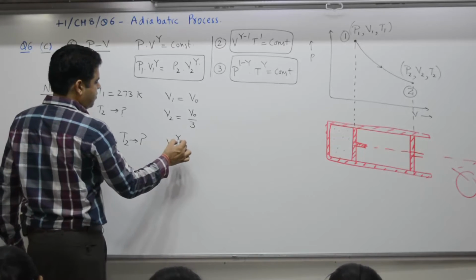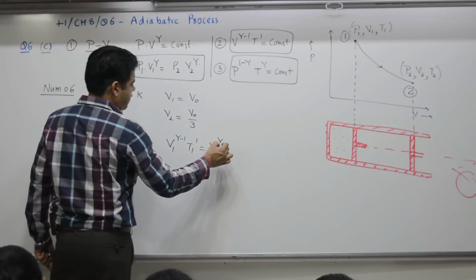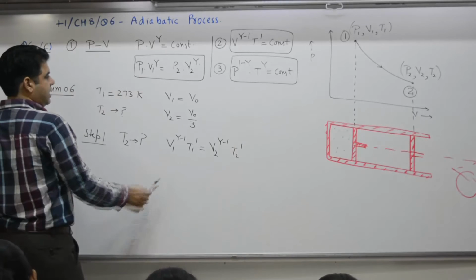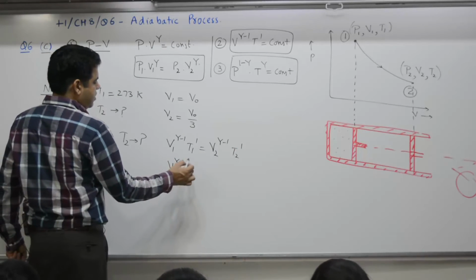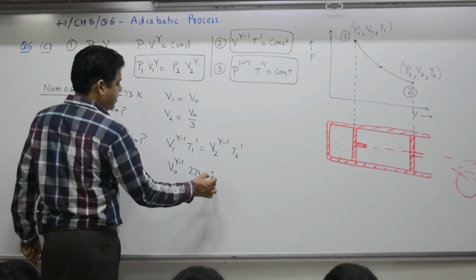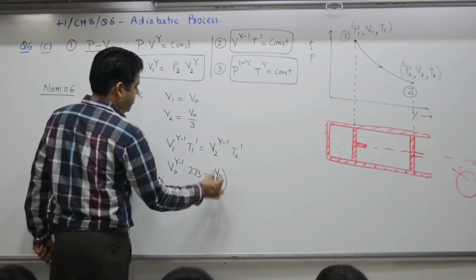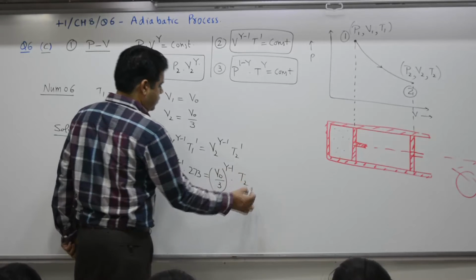V1 to the power gamma minus 1, T1 to the power 1 is equal to V2 to the power gamma minus 1 into T2 to the power 1. V1 is how much? V0. T1 273. V2 is V0 by 3 power gamma minus 1, T2.